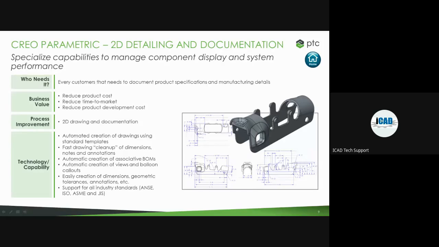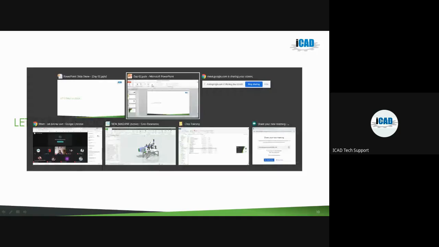Automatic creation of views and ballooning for the assembly designs. You can easily create dimensions, geometrical tolerances, annotations, and it will support all the industry standards like ANSI, ISO, ASME, and JIS. Let's take a look in the software window.